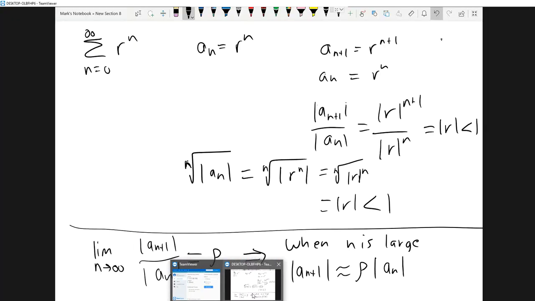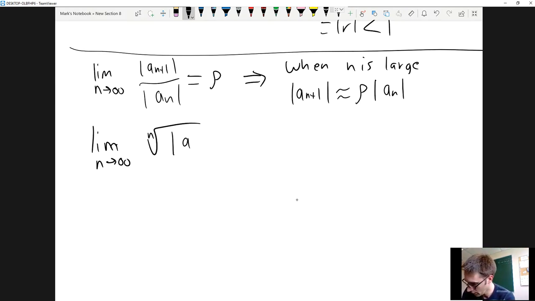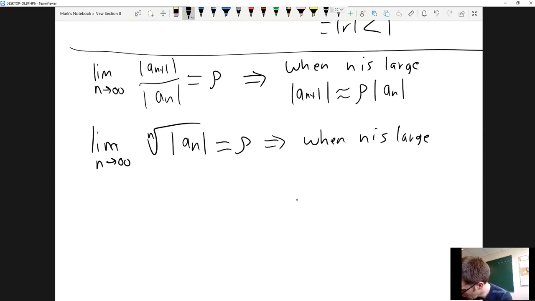Okay? So that's the theorem, and the root test works in a very similar way. It says, well, even if the individual terms don't have exactly a constant ratio, if we can take the limit as n goes to infinity of the nth root of the terms, and we get rho, then we can say that when n is large, the absolute value of a_n is approximately rho to the n.